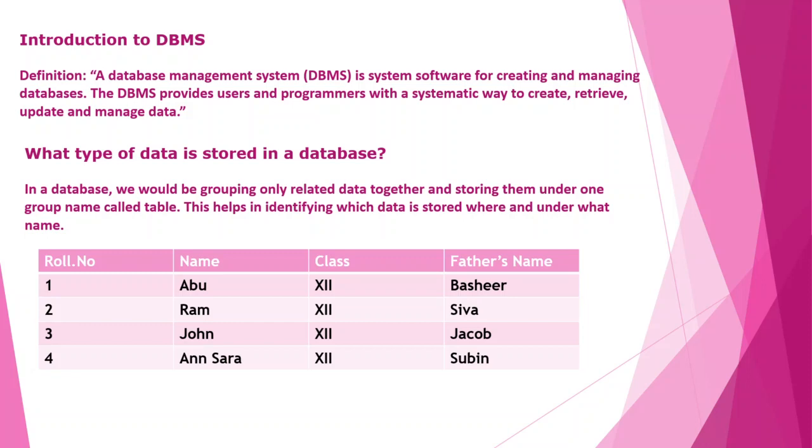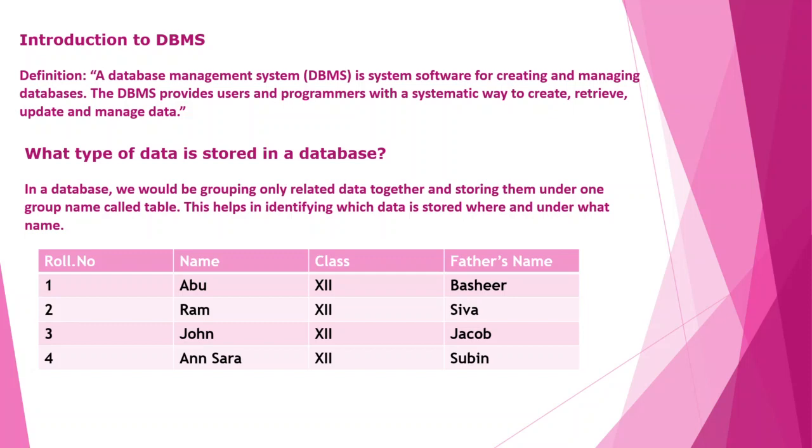What type of data is stored in a database? All the data we are storing in a database are related to each other. They will have a relation between each other.